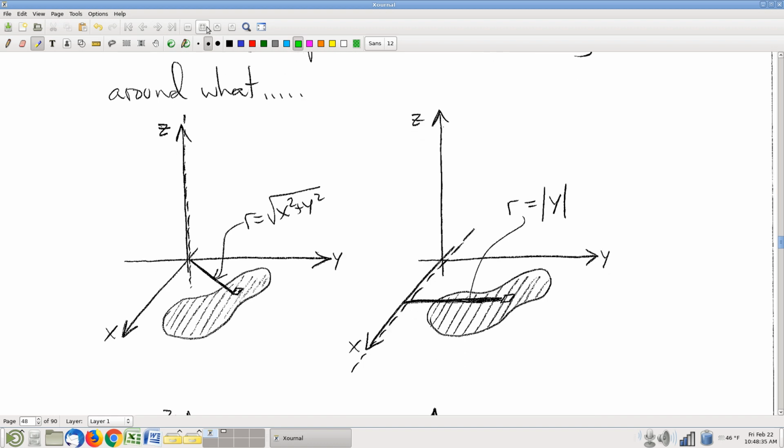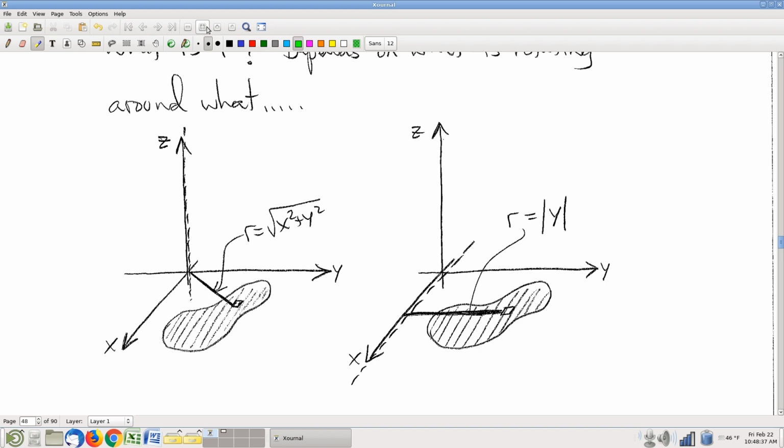As previously discussed, what R always does mean is the distance from whatever point you're looking at. Keep in mind, maybe you're doing a double integral over a region like that, so you're breaking it into little pieces, and on each little piece, for any given location, R is the distance to the axis you're rotating around.